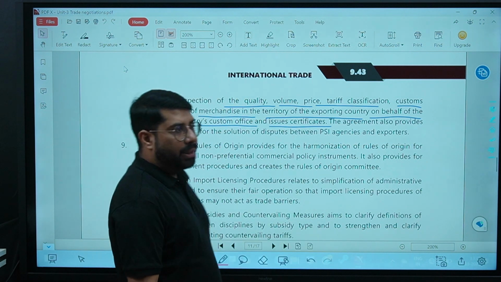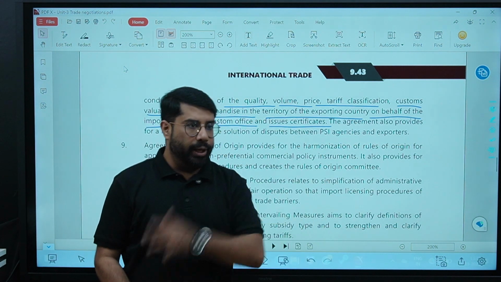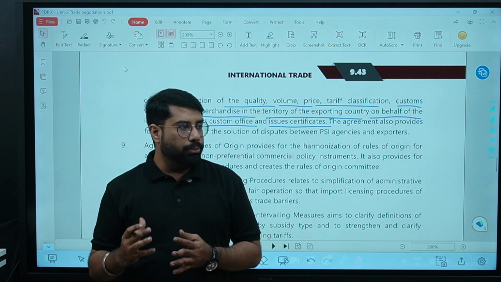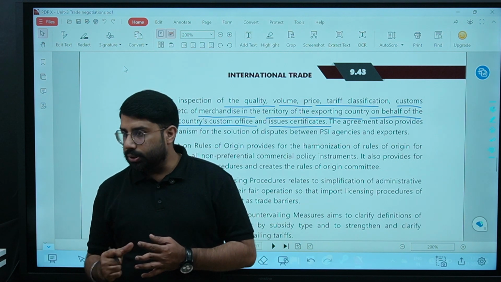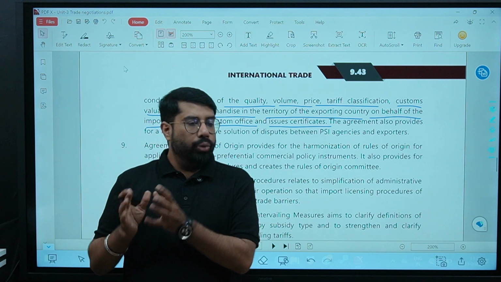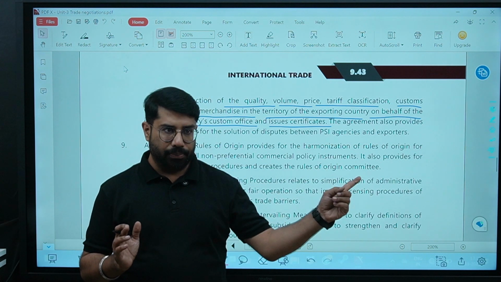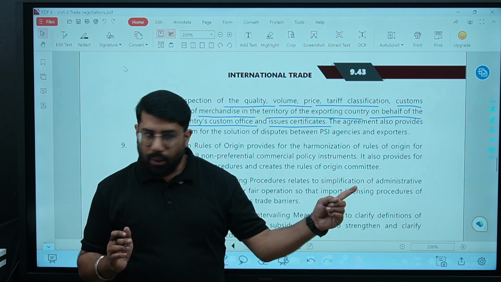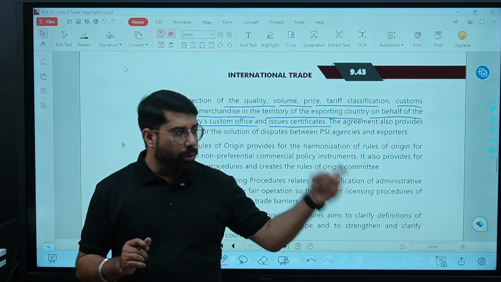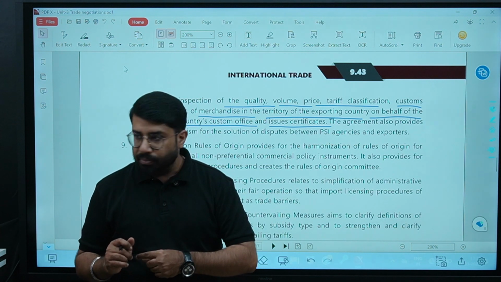Now what happens? Let us say the goods are moving from US to India. Whoever is importing goods in India, this person, body or company will appoint one company in US. Now this company in US will work on behalf of the company in India.